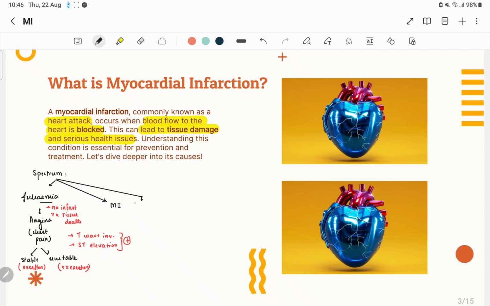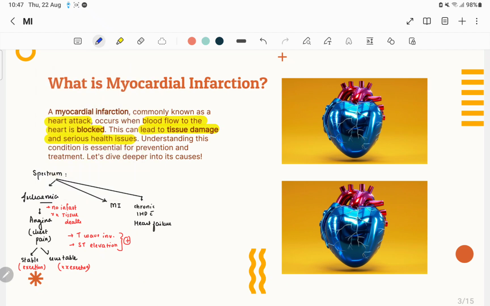Then we have chronic IHD with heart failure. Okay, chronic ischemic heart disease with heart failure. Here, what is the etiology?